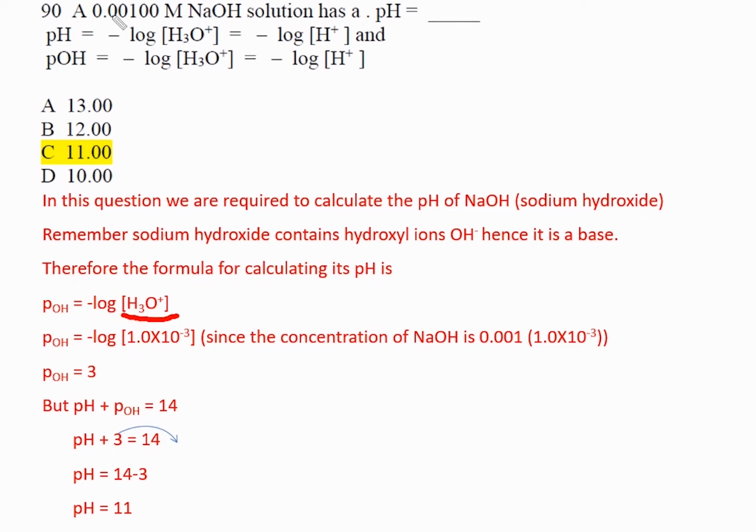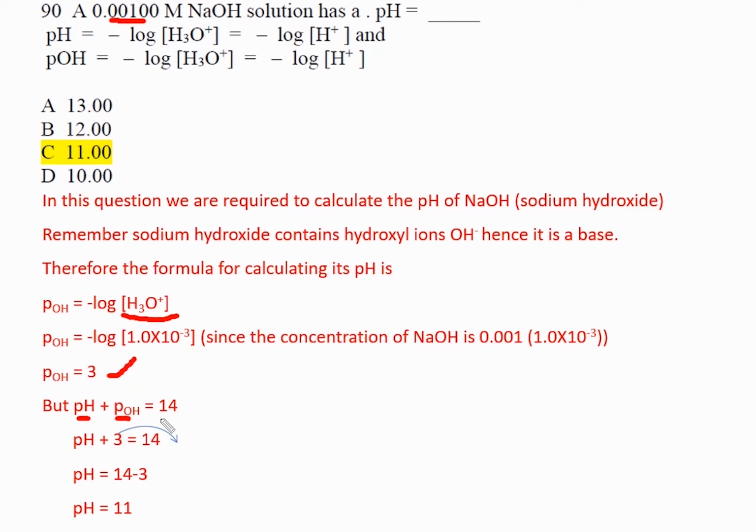The concentration, according to the question, is 0.001 molar. When you write this in standard form, you're going to have 1.0 times 10 power negative 3. So when you substitute that in the formula, you're going to have pOH is equal to negative log 1.0 times 10 power negative 3, which gives you the pOH as 3.